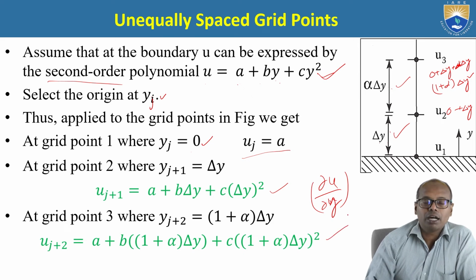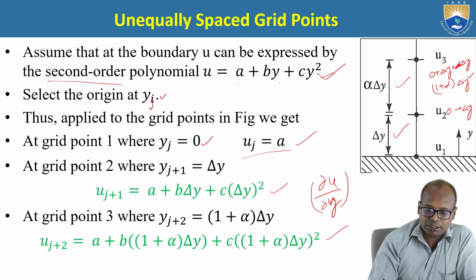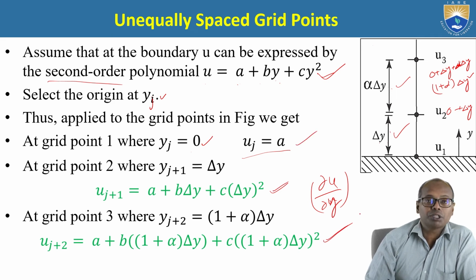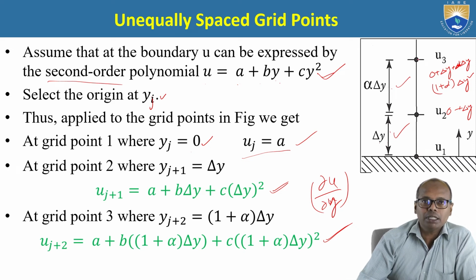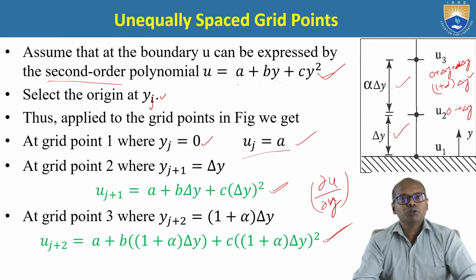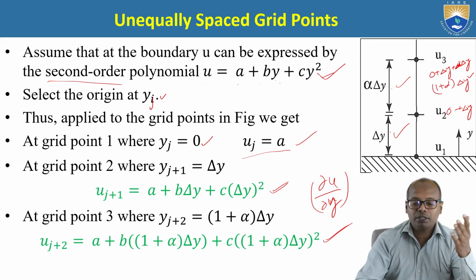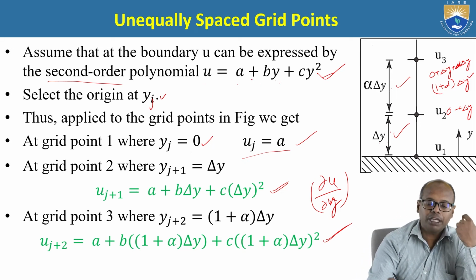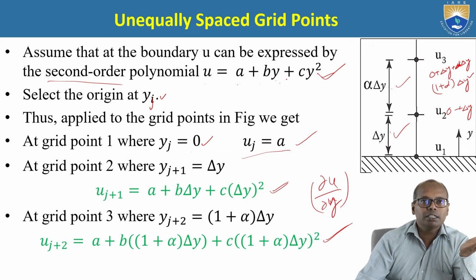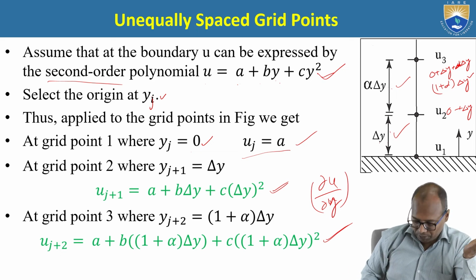So these are the three equations we got by substituting the values of y, the independent variable, at point 1, point 2 and point 3. Using these three equations, we can find the values of a, b, c as we did in the case of the uniform grid.